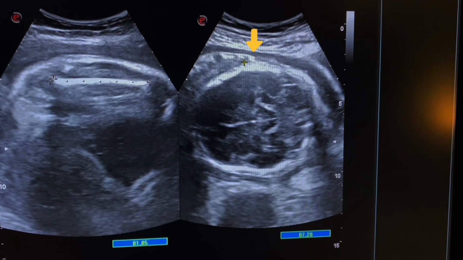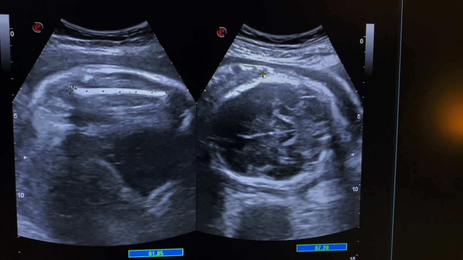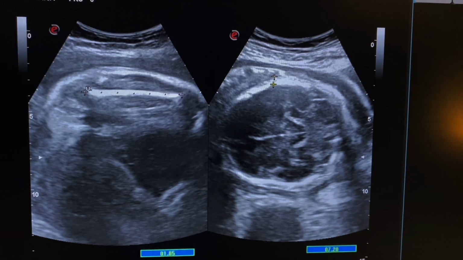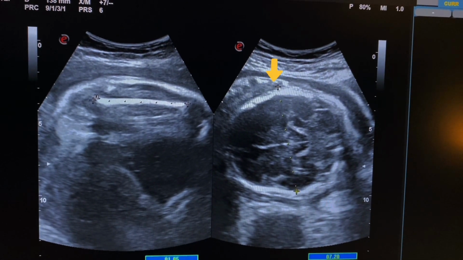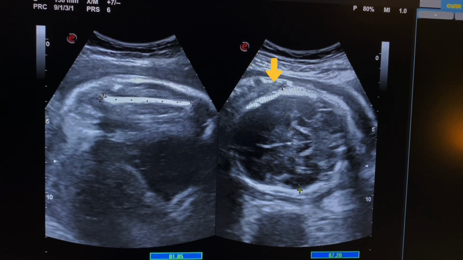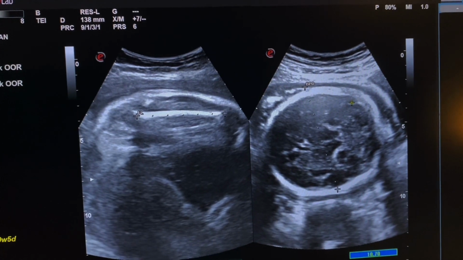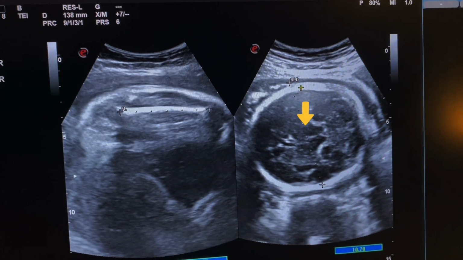And now the biparietal diameter. For that we will take measurement from the outer end of the biparietal bone crossing the thalami, and second measurement from the inner side of the parietal bone crossing through the thalami.